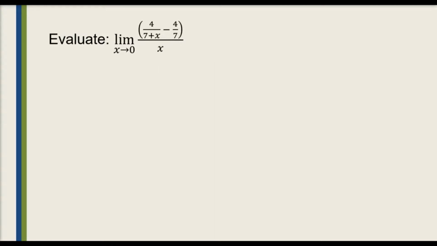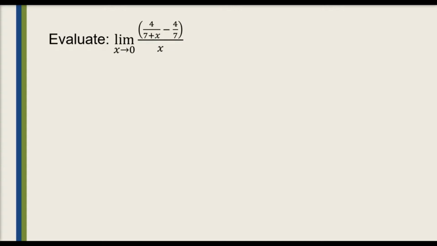Now this example looks a little bit different. We have the limit as x approaches 0 of 4 over 7 plus x minus 4 over 7, all over x. And you see again, we can't just plug in 0 because then we would be dividing by 0. But we can do a little bit of algebra to try to simplify things.